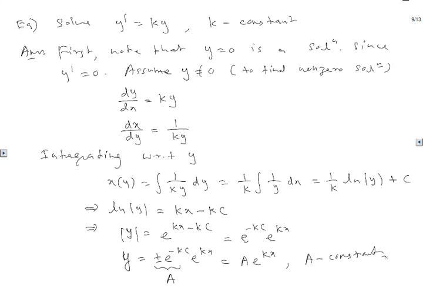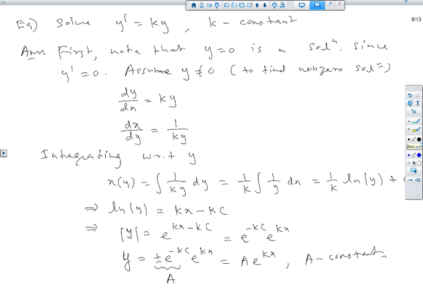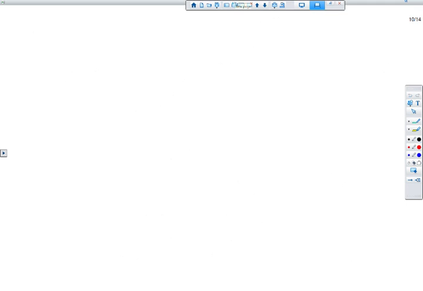Now remember we had a solution y equals 0. Let's see whether the y equals 0 solution is already contained in there. The solution y equals 0 corresponds to a equals 0. So that means it's already there.